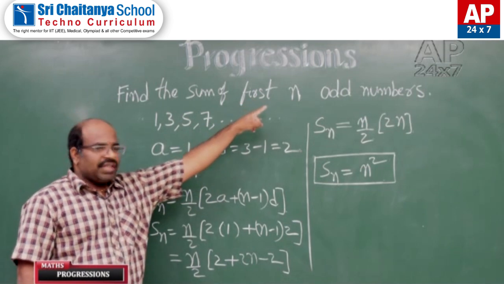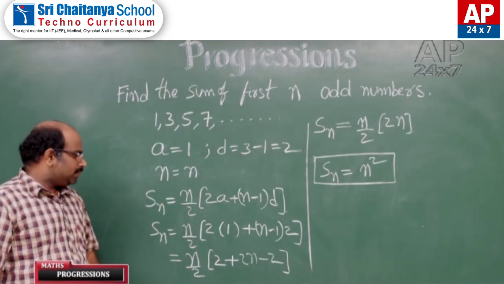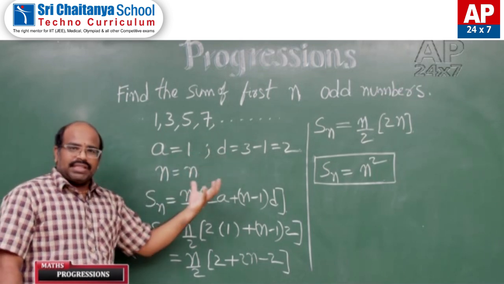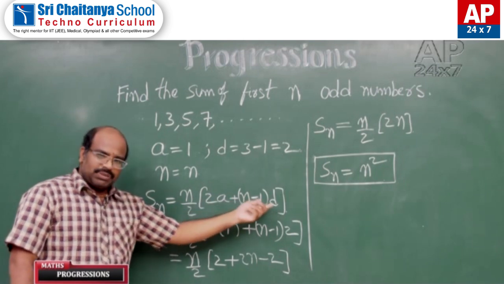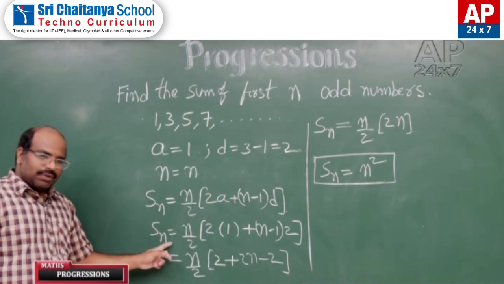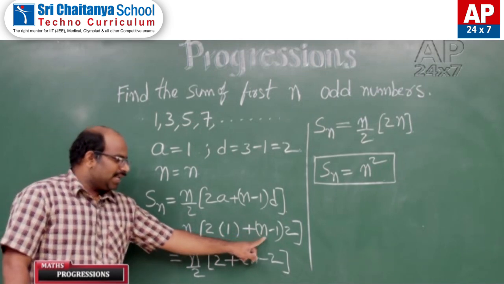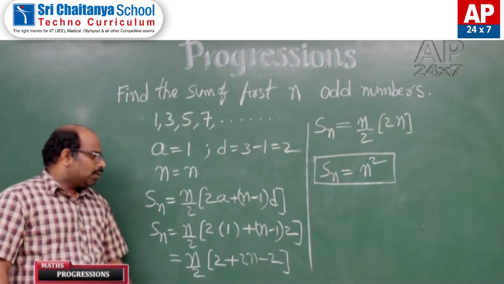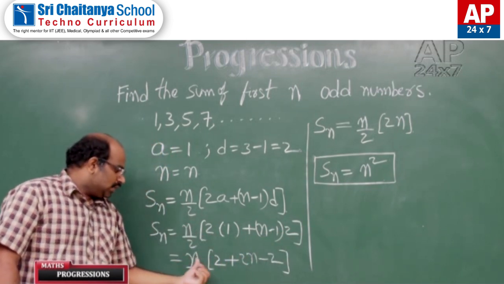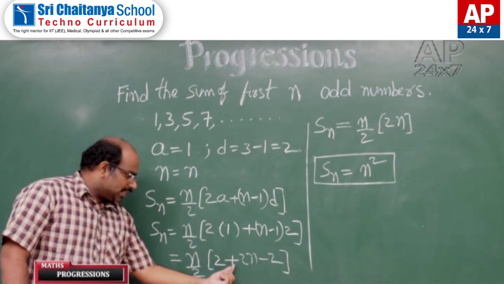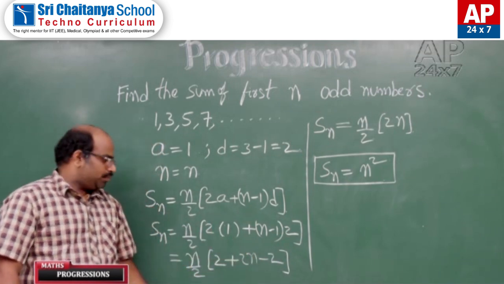Sum of n terms we have to find. So n is equal to n as it is. Substituting these values in the given equation, Sn is equal to n by 2 of 2a plus n minus 1 into d. Sn is equal to n by 2 of 2 of 1 plus n minus 1 into 2. Now multiply these two terms with 2, so that it is n by 2 of 2 plus 2n minus 2.